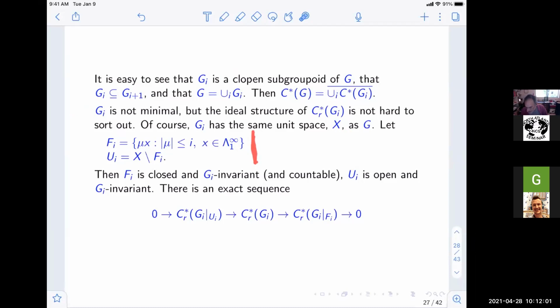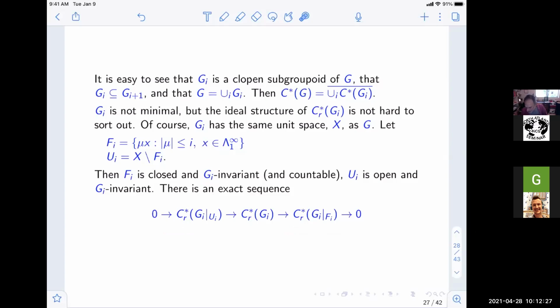So we look at those elements that, after the ith coordinate, belong to the first of our pieces, namely only with alphas and betas. And that's a closed G sub I invariant subset. So we get an exact sequence for the C-star algebra of G sub I in this way.